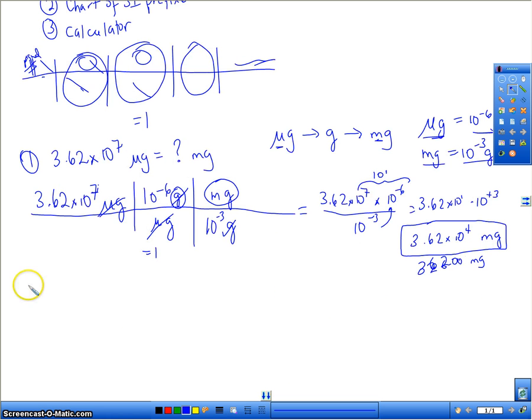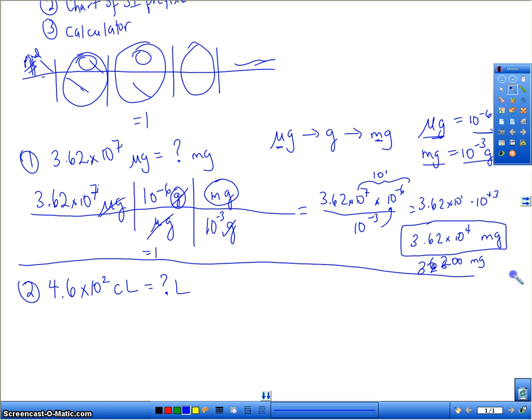Another example is 4.6 times 10 to the 2 centiliters is how many liters? For this particular problem, I just need to go from centiliters to the base of liters, and I don't have to go another step. I'm just going to take one step to do this, centiliters to liters.